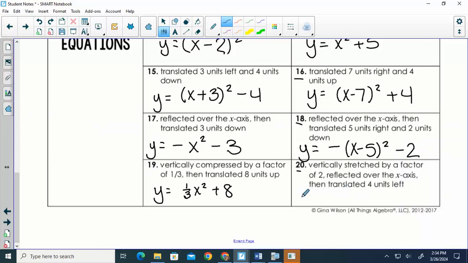And the last one, vertically stretch by a factor of 2. Means we multiply by 2. Reflect over the x, so what does this have in front of it? And then translated 4 to the left, so it'd be x plus 4 squared.